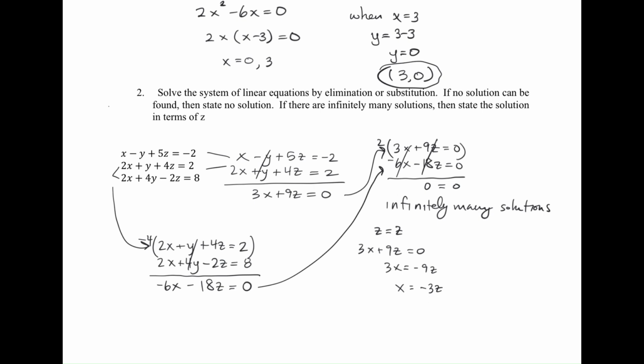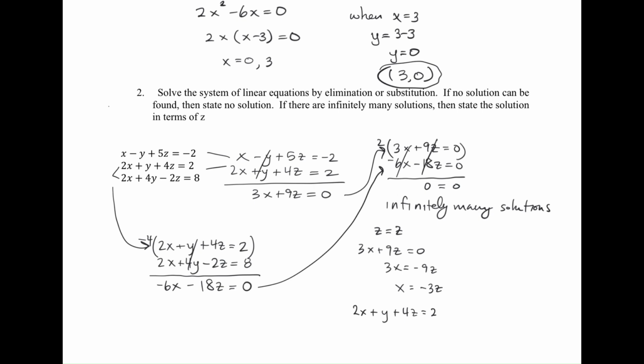Now we just need to solve for y in terms of z. So I'm going to take this middle equation, since y has a coefficient of positive 1. I'm just going to take this middle equation here, and then substitute negative 3z in for x.